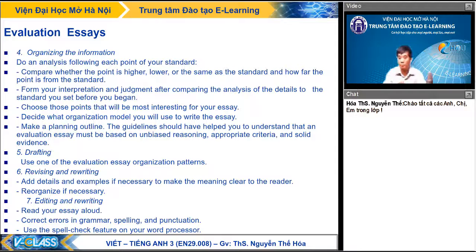And also remember that you have to draft. Try to draft, and you can write, rewrite, and edit again and again until you have a complete piece of writing. Because the time is short, yeah.